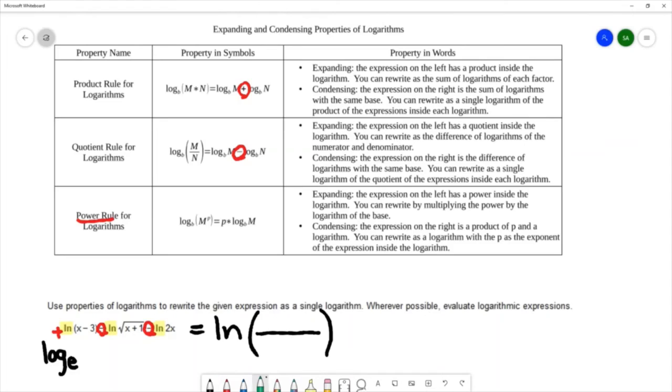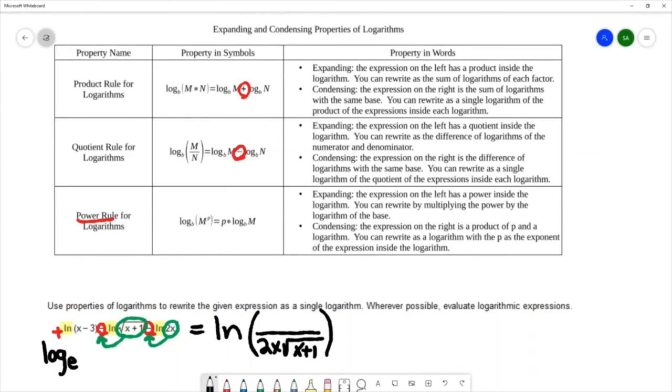This factor of 2x has a negative, so that factor of 2x will go in the denominator. This factor of square root of x plus 1 has a negative, so it will go into the denominator.